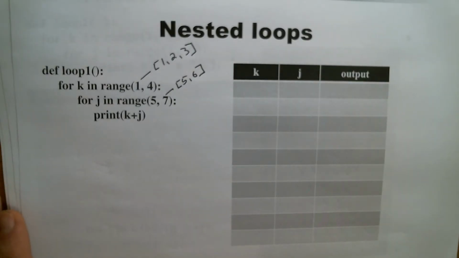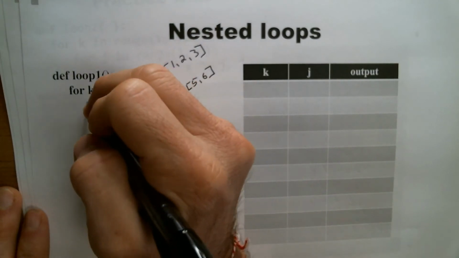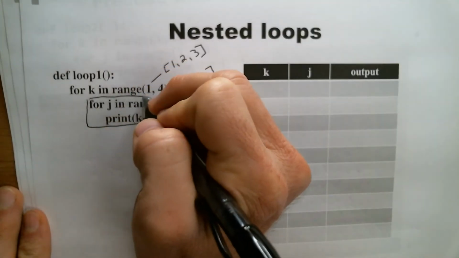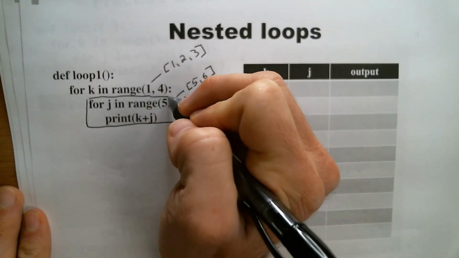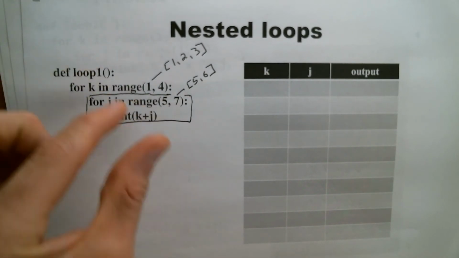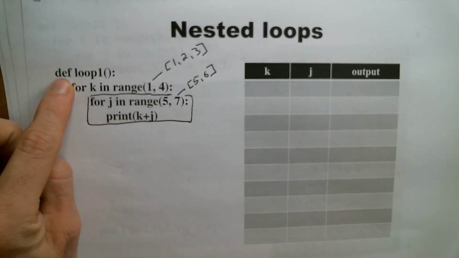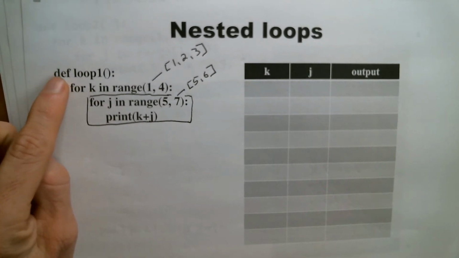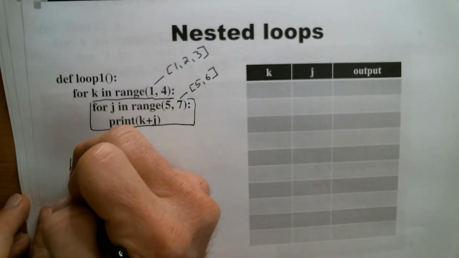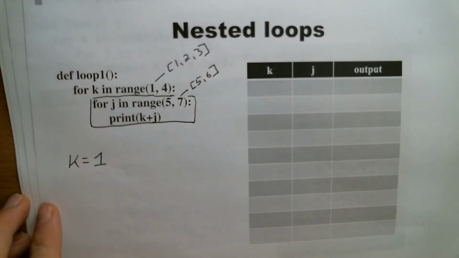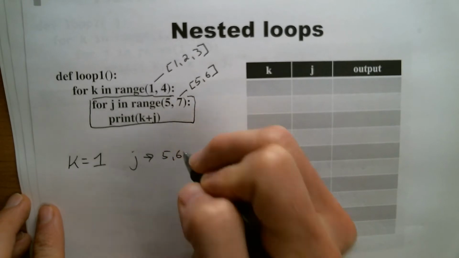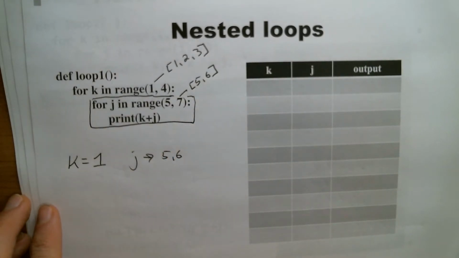All right. Also notice that this whole thing is indented under our first for loop. So this code is all part of that first for loop. So this entire loop is going to get repeated every time this loop gets repeated. All right, so let's see what actually that's going to play out as. So when K is 1, J is going to have to go through and do 5 and 6 because that's what's part of their range.